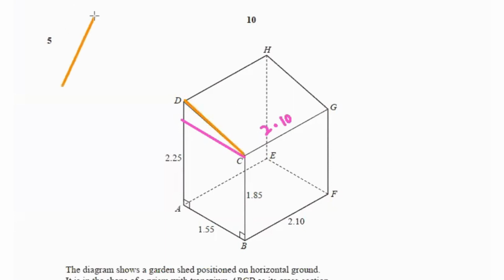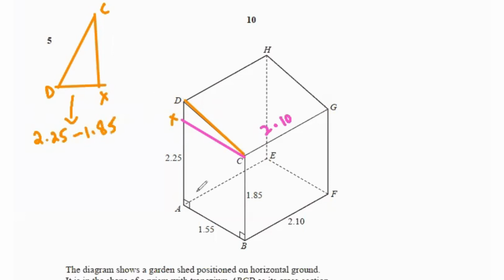So I'm going to make this triangle over here, so you have better clarity as to what I'm talking about. This over here is C, this is D, and I'm going to call this X. So we can find the length of DX first by doing 2.25 minus 1.85. BA is parallel to CB. So to find this length over here, we subtract the two, and that gives us 0.4 meters.